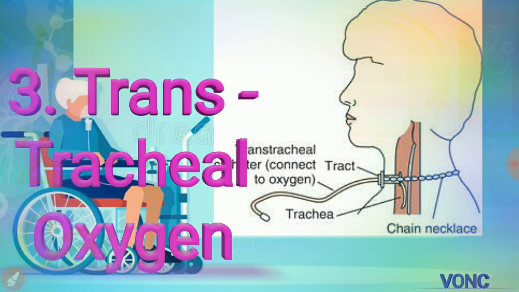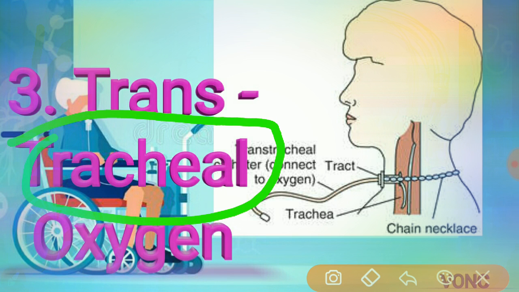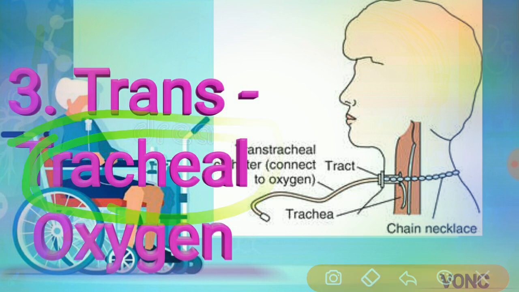Coming to the third one, that is transtracheal oxygen. The word itself gives the meaning. Tracheal means they are going to administer the oxygen supply to the patient through the trachea. The picture shows the transtracheal oxygen connection here at the trachea.